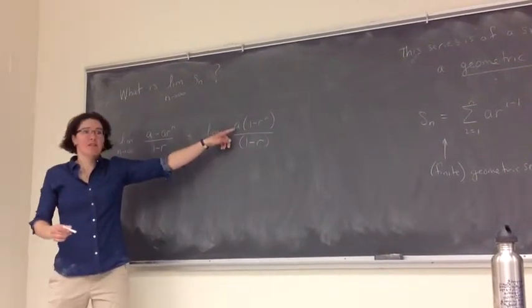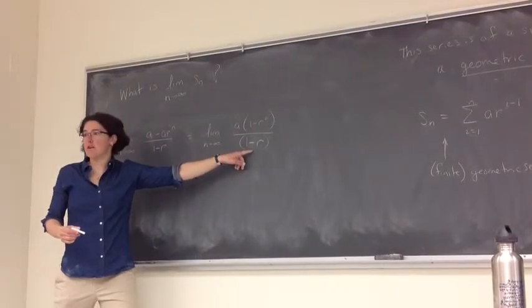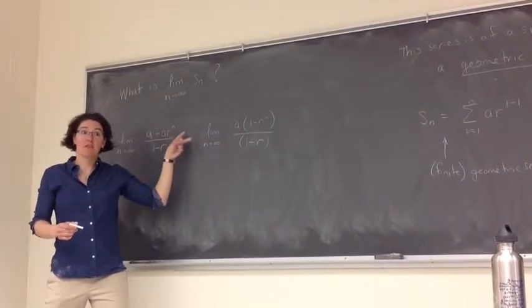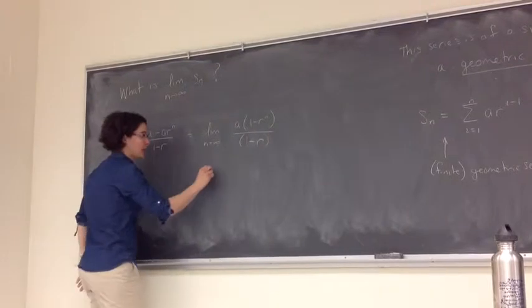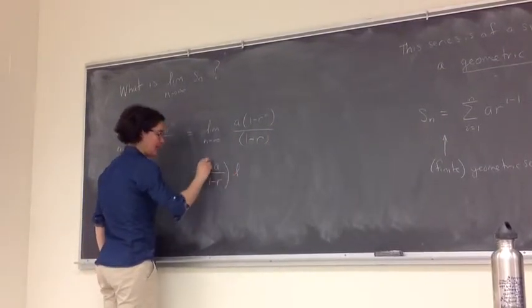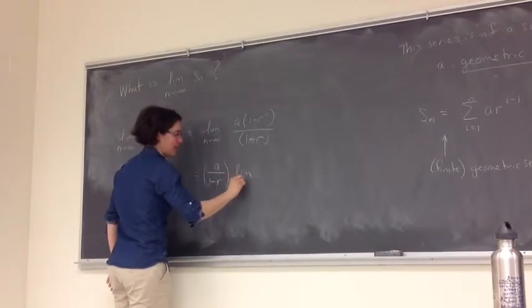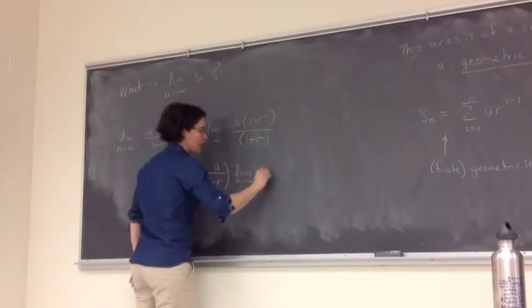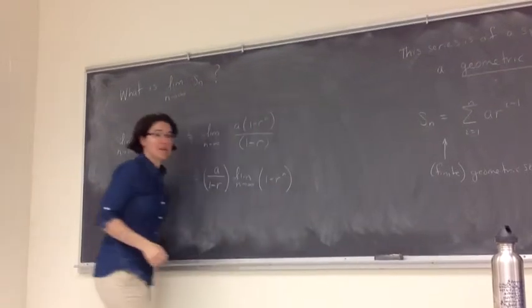And the a has nothing to do with n, and the 1 minus r on the bottom has nothing to do with n. So I can factor those in front of the limit symbol. And so I have a over 1 minus r times the limit as n goes to infinity of 1 minus r raised to the n.